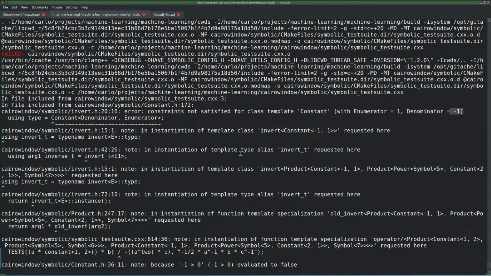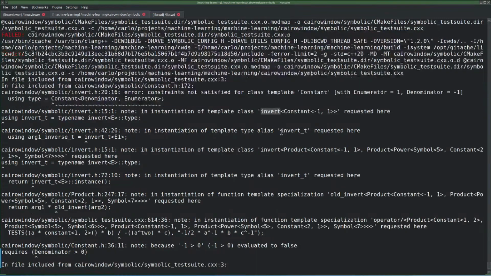Interesting. Yeah. So that's invert of a constant is wrong.